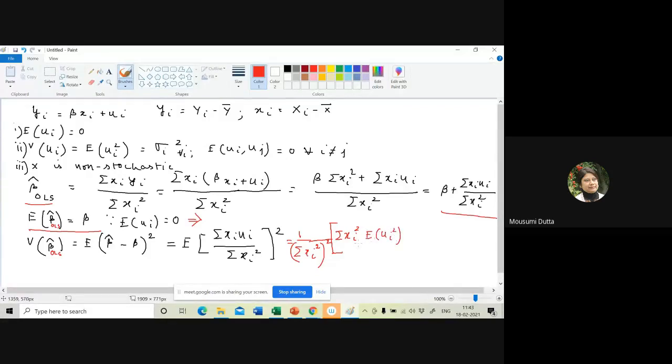She said summation xi squared ui squared, I am also doing the same, just operating expectation on this, plus double summation xi xj ui uj, where I am operating expectation on the ui uj part.